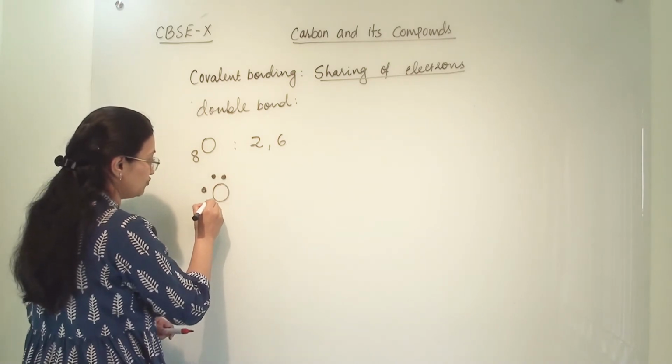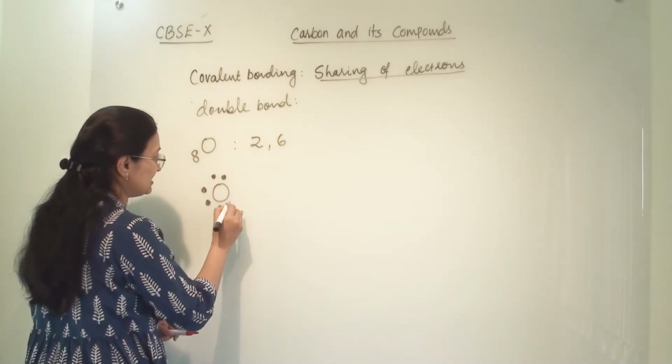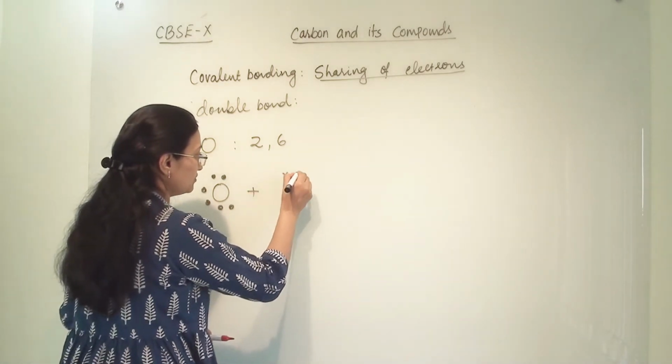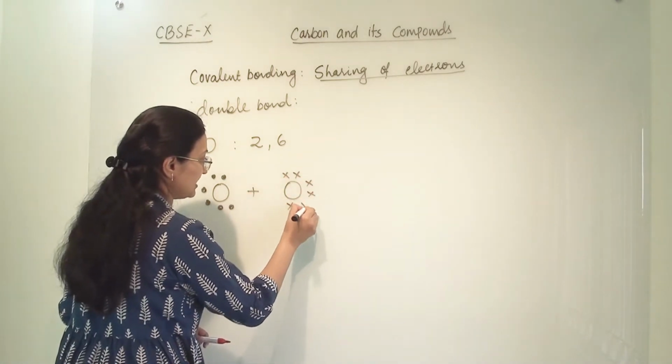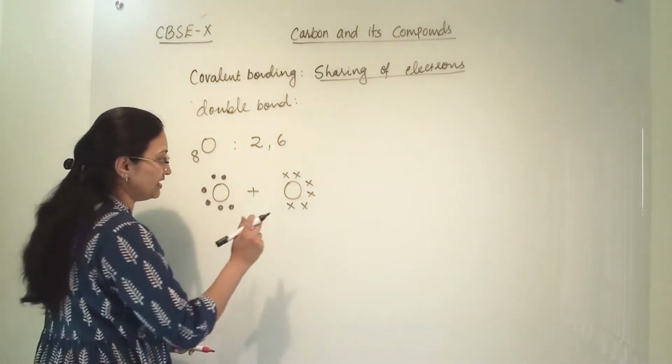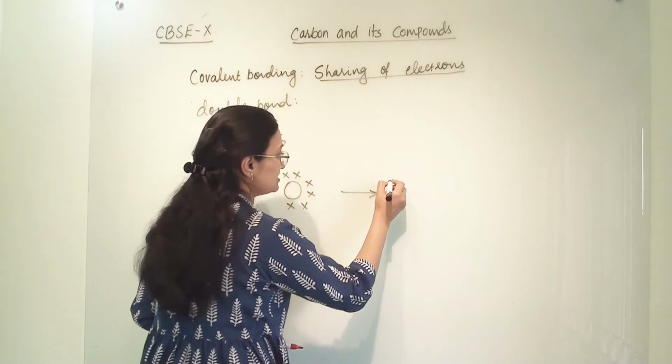So I am showing here 6 valence electrons in oxygen, and another oxygen 6 electrons. So these two oxygen will share 2 electrons. So like this they will share.